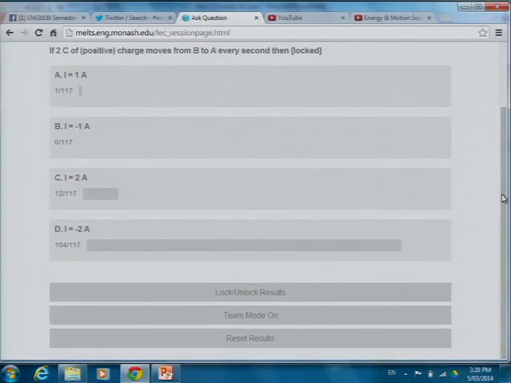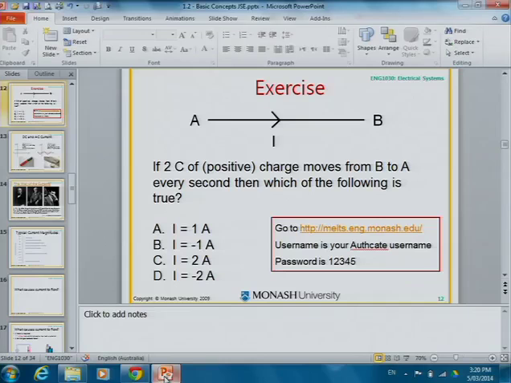So 104 of 117 think minus 2 amps. A few think 2 amps, and someone thinks 1 amp. So let's have a look, which is perfectly fine.